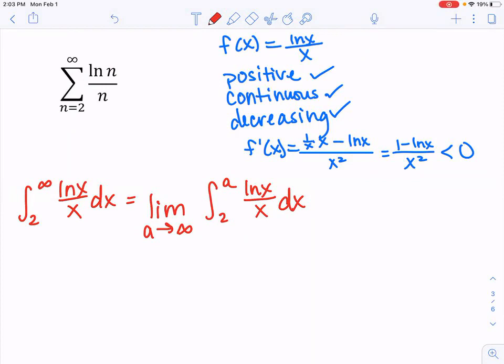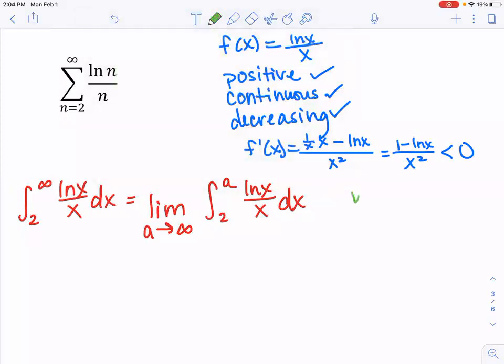Antiderivative for natural log of x over x. It doesn't have to be parts. We would have to use substitution in order to get there.